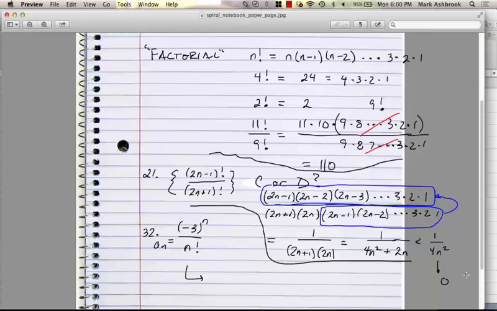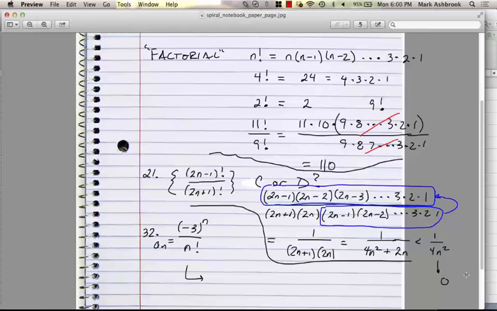Let me actually, before we work on 32, point out something on this previous problem. So it's 1 over 4n squared plus 2n. Okay? That is always less than 1 over 4n squared. So it's kind of a squeeze term idea, because this really doesn't fit the form of that rule.